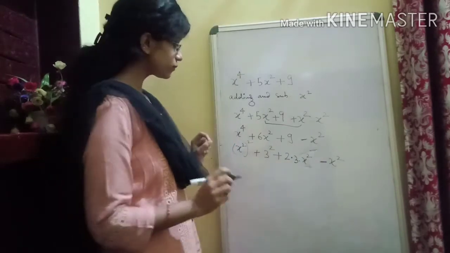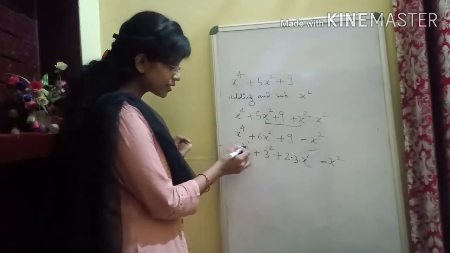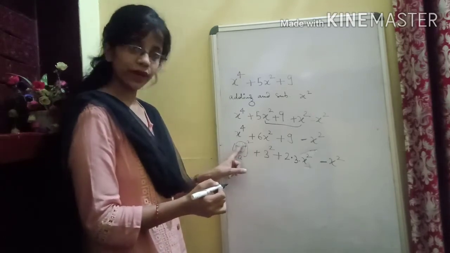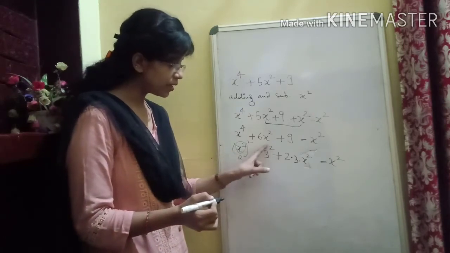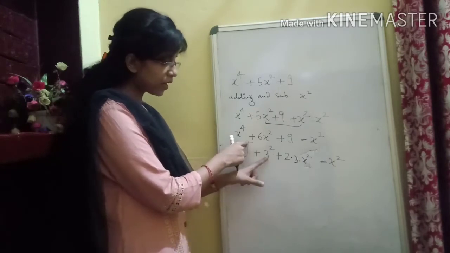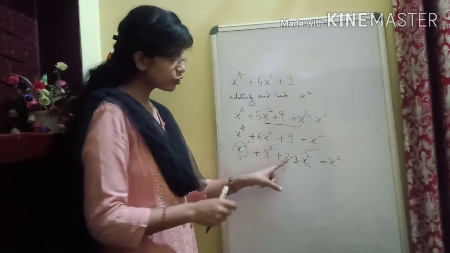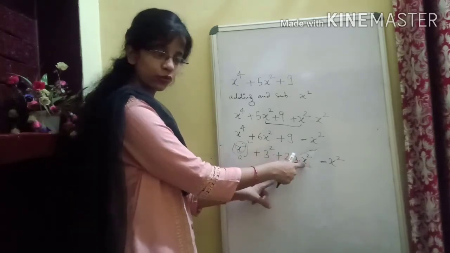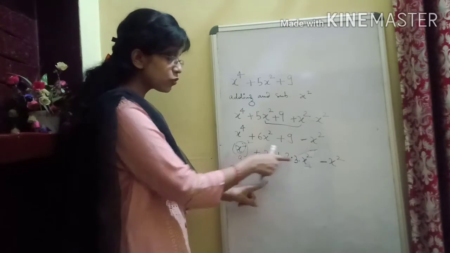Is it okay? Now you see, if I take this term as a, x square, this 3 as b, then you see it is exactly a square plus b square plus 2 into a. A is what? X square. So we are getting x square also into b. B is what? 3.